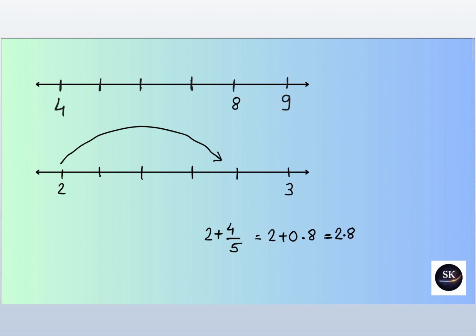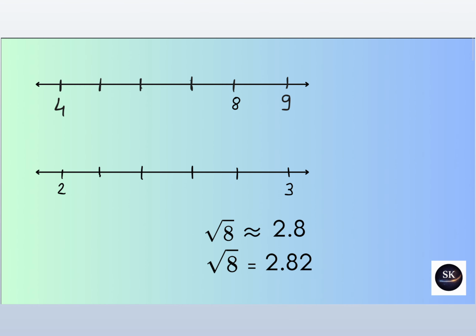So to get root 8, we need to add 4/5 to 2, which gives us the answer 2.8. Again, very close to the original value 2.82. Here, you can notice that in the case of 5, 6 and 8, the perfect squares remain the same, as all 3 numbers lie between the same perfect squares. Only their distance from the lower square changed.